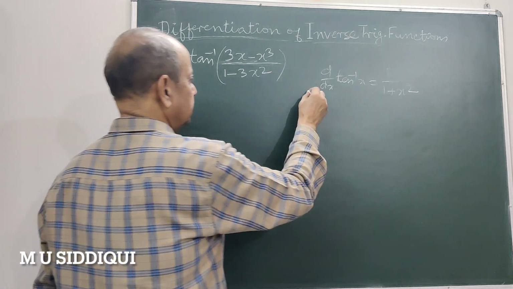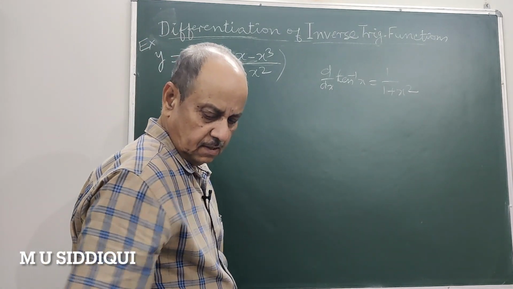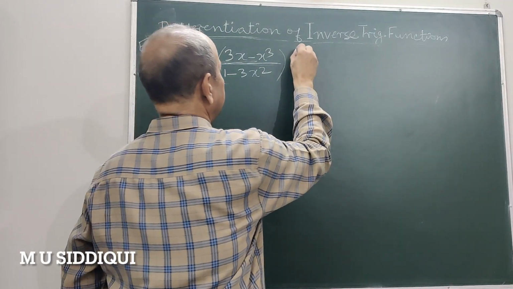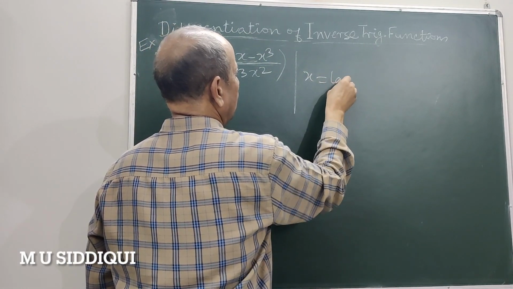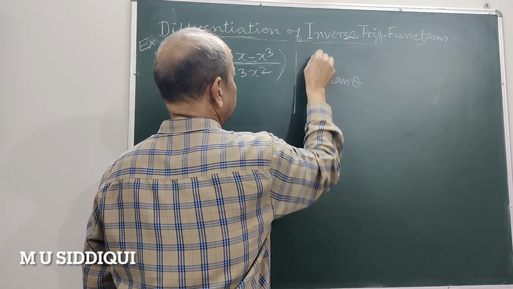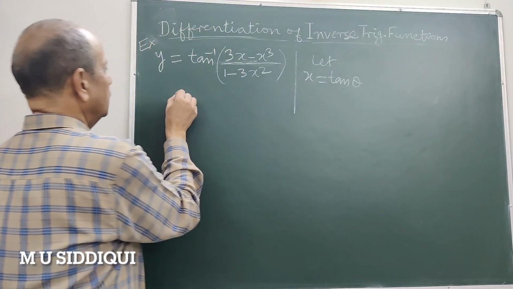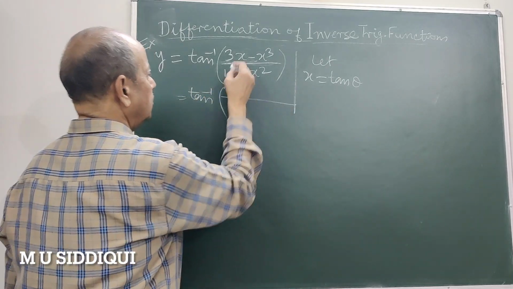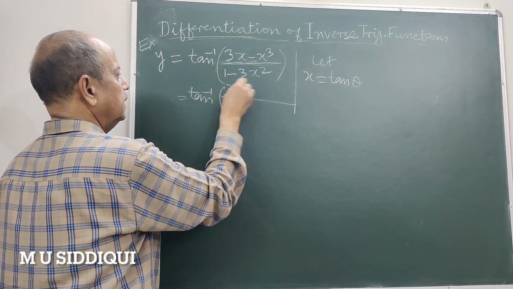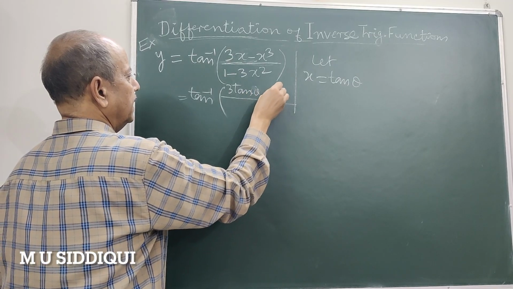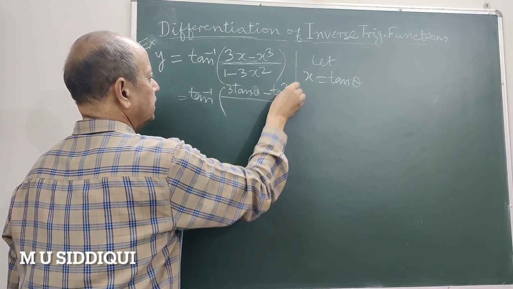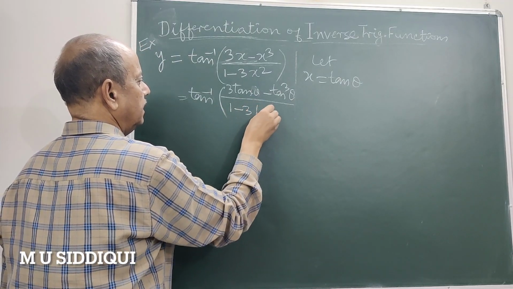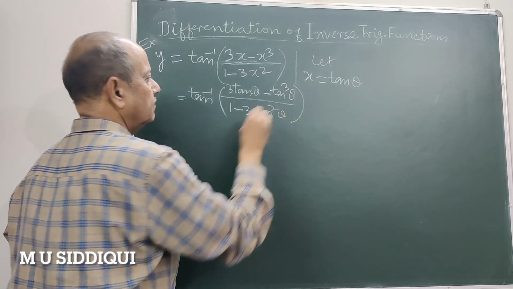So that suggests that if you substitute x as tan of theta, so tan inverse, and this becomes now 3 tan theta minus tan cube of theta upon 1 minus 3 tan square theta.